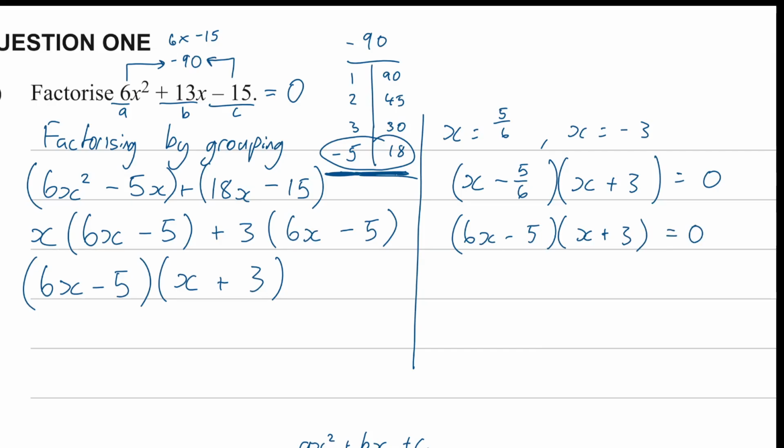And I guess this is the drawback of using our calculator, as opposed to factorizing by grouping, because we could just multiply it by whatever we want when it's an equation. So again, use your calculator to check or to help if you're unsure, but do learn factorizing by grouping.